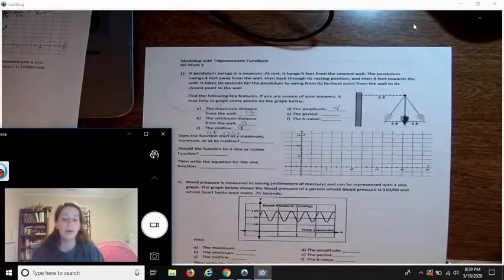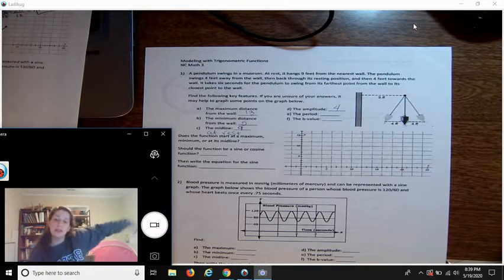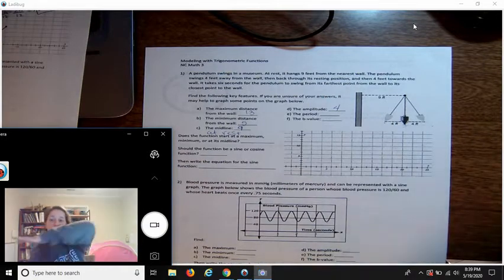Okay, now the period could be a little bit harder to see. So I want to go ahead and graph some points. So we know that the pendulum swings 4 feet away. We're going to say that it starts at the midline. It swings farthest away and then goes close to the wall.